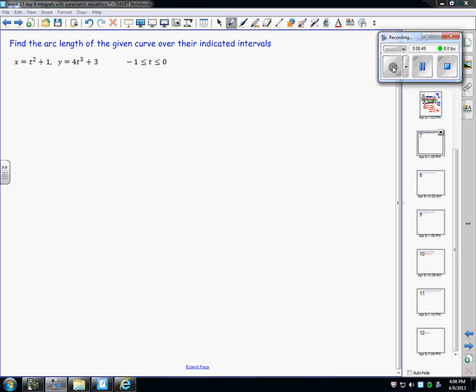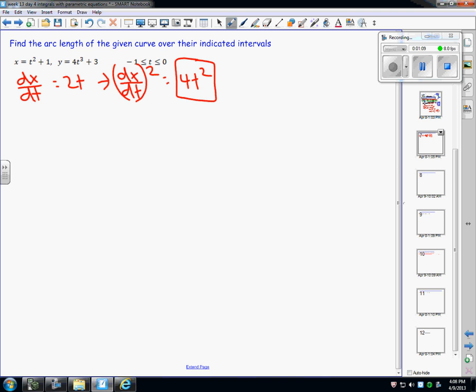So hopefully you guys hit pause, you tried it out, and you got an answer, and I'm going to do my work to showcase if we both agree or not. Arc length. So I'm going to grab dx/dt. That's going to be 2t. I want to square that for my formula, and that's going to be 4t squared. dy/dt is 12t squared, but I want to square that whole thing.